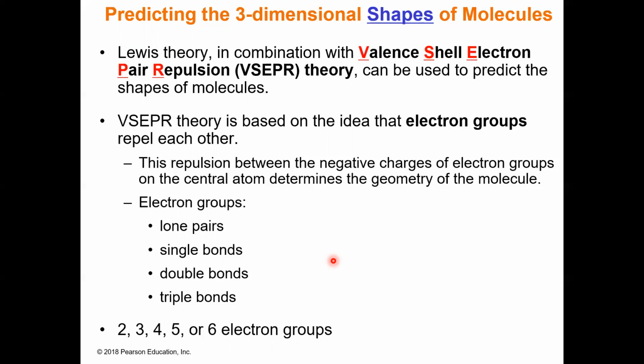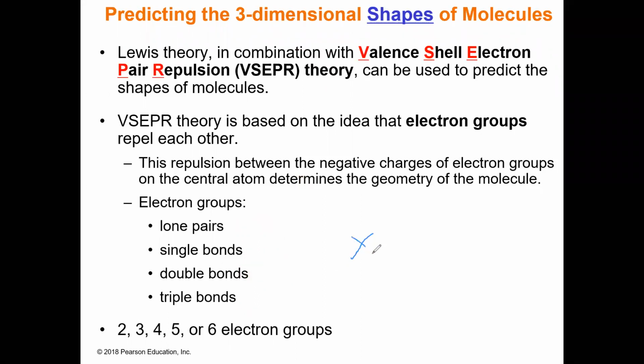Now, these electron groups can be lone pairs, single bonds, double bonds, and triple bonds. Whether you have some lone pairs, some single bonds, some double bonds, or triple bonds in your structure, each one of these is considered one electron group. So for example, if you had a central atom, let's call it X, and let's say that after you drew the Lewis structure, we saw that it had around it a lone pair of electrons.